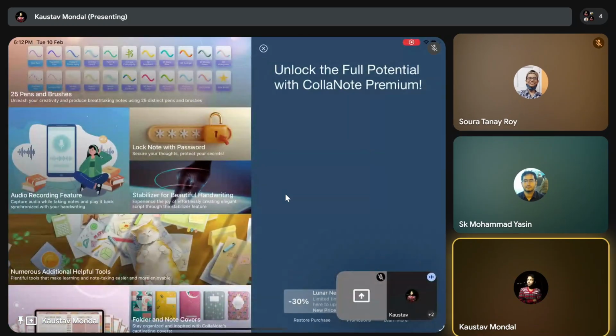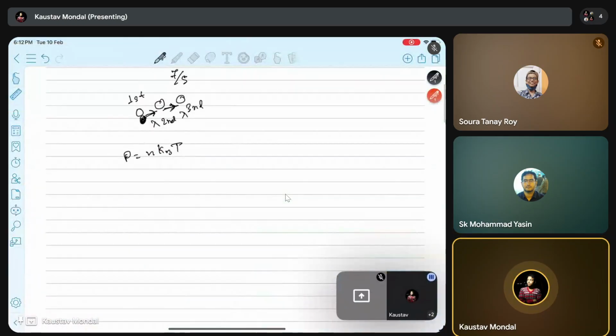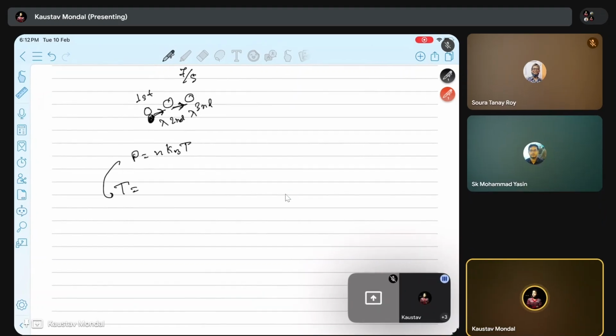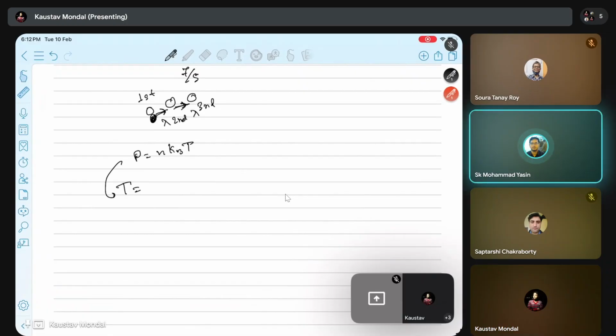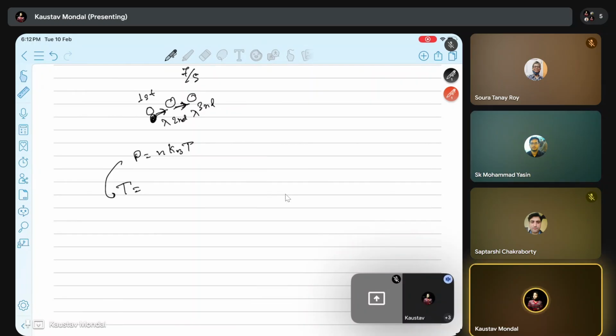Here in the question the temperature is mentioned. So you are saying that by using this formula you are getting some different answer, right? There are two extra parameters.